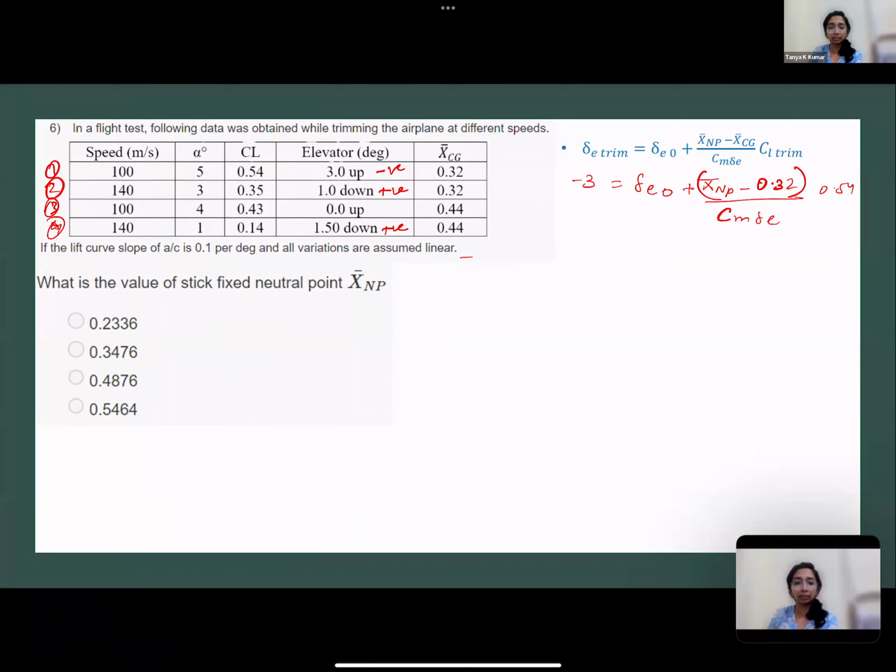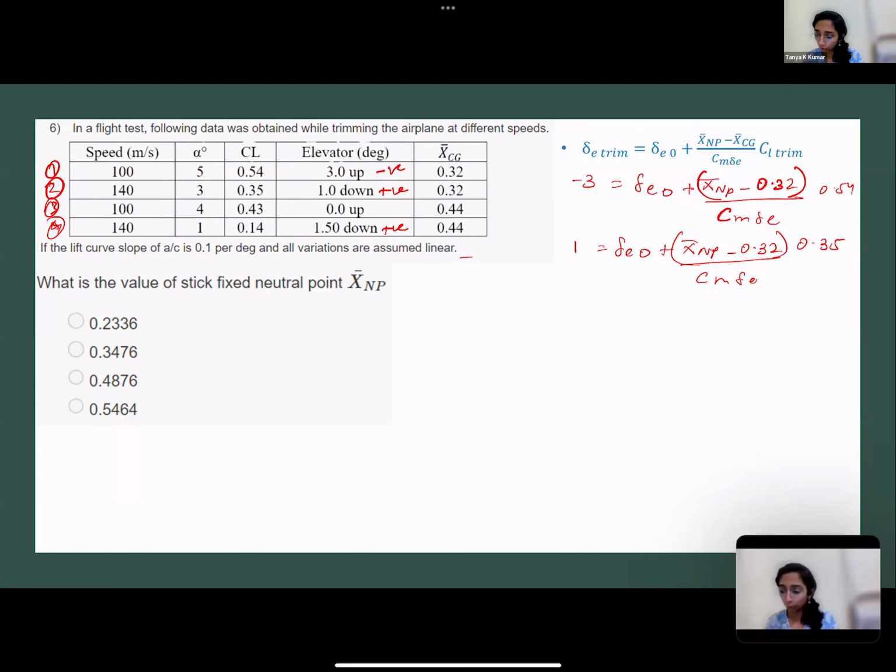Now let's repeat for the second condition. It says deflection of elevator is 1 degree down. Down is positive. So you have +1 equal to delta E naught plus X bar NP minus 0.32 by CM delta E into 0.35. Now we have simultaneous linear equations.